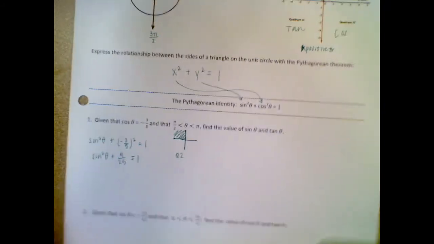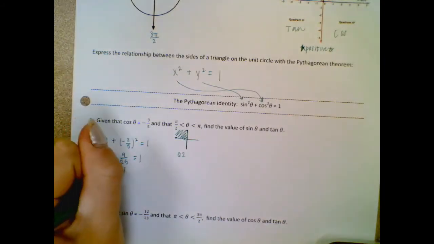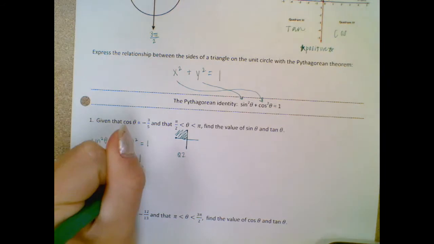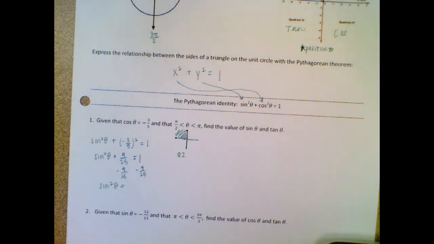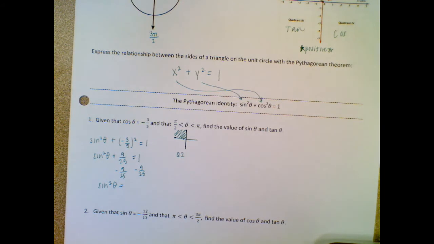Okay, now I'm going to subtract the 9/25, sorry. So I get sine squared theta equals, let's see, 1 minus 9 over 25.